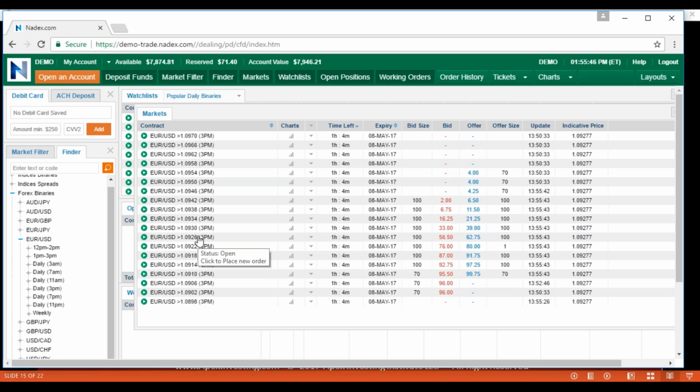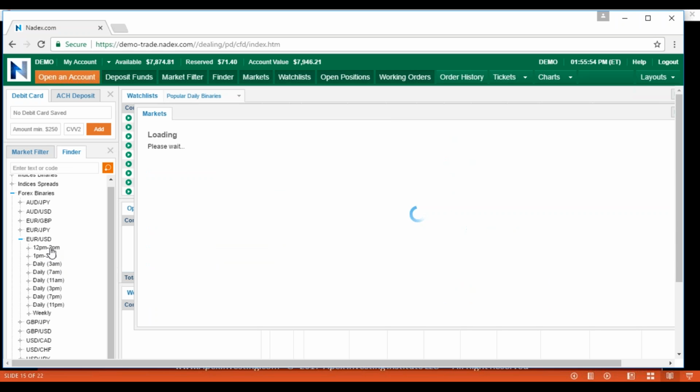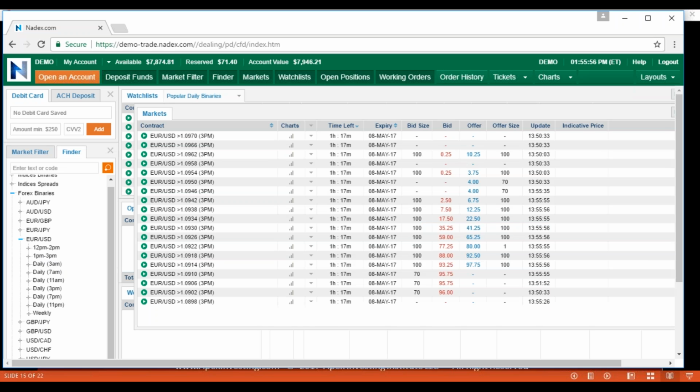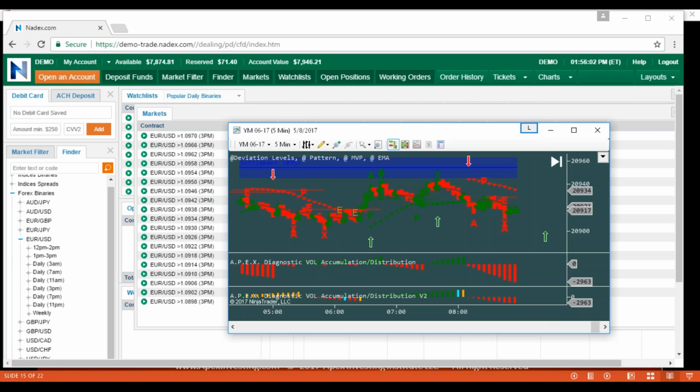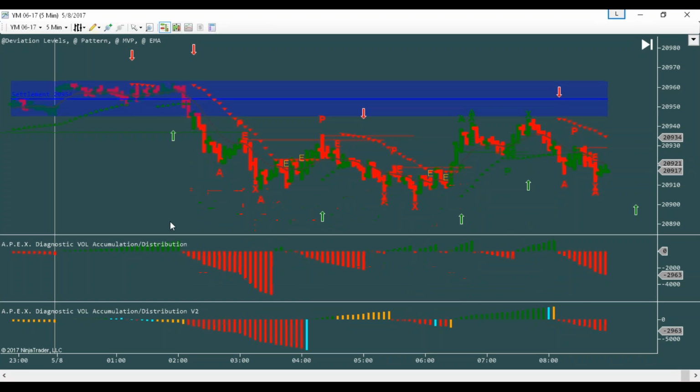So, in a nutshell, does it make a little more sense now to where if I'm going to be trading short term, I really need to be looking at a shorter term chart, a tick chart or a 5-minute chart, right?